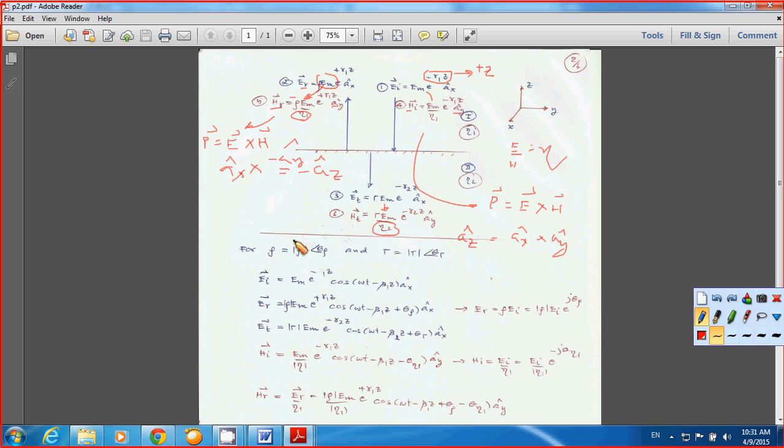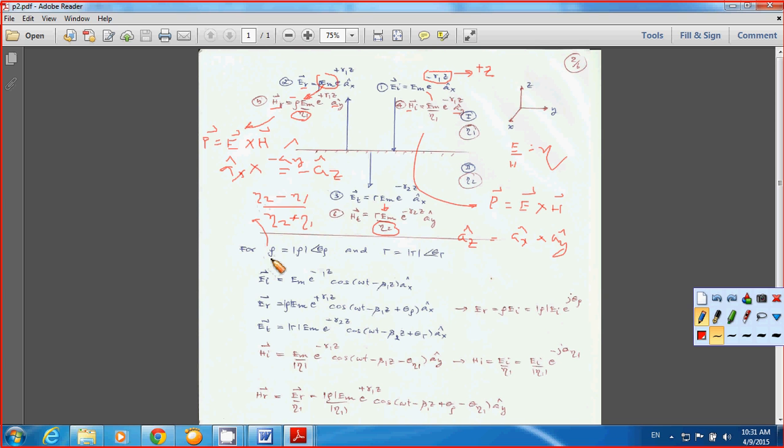But later on, you know that for the reflection coefficient, rho equals eta 2 minus eta 1 over eta 2 plus eta 1. What happens is that eta can be a complex number.